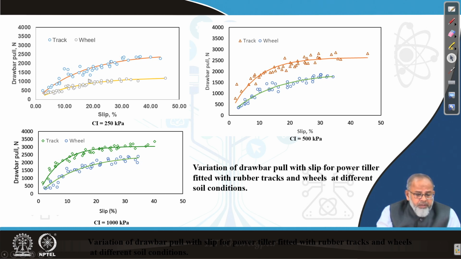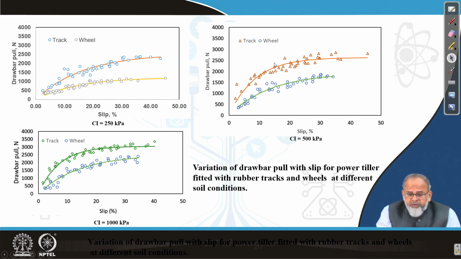So if you look at these curves, whether it is a wheel, whether it is a track, both the tracks and wheels are giving you similar output. Similar output in the sense the nature of output is same. It is increasing at a faster rate, and then it is slowing down. Same is the case with track.